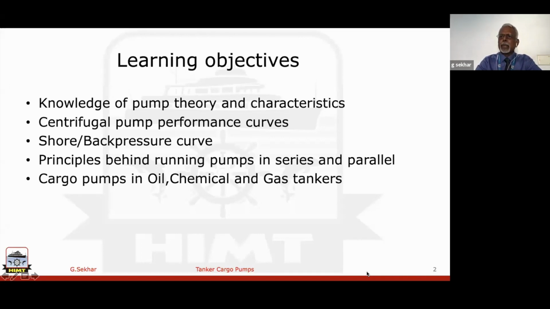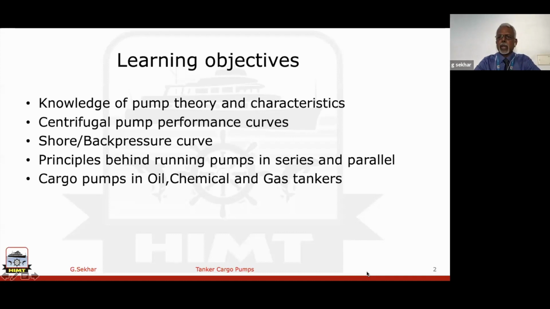Generally the loading master tells us to maintain a certain manifold pressure, say about 6 bar or 7 bar, and when we run the cargo pumps, we maintain that pressure. When we initially start cargo discharge, it's not a problem.